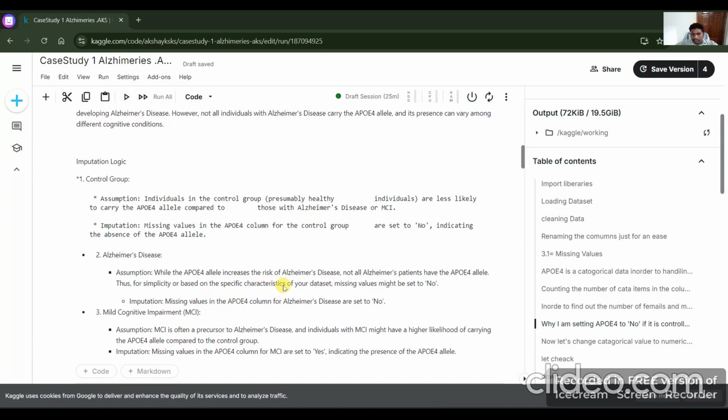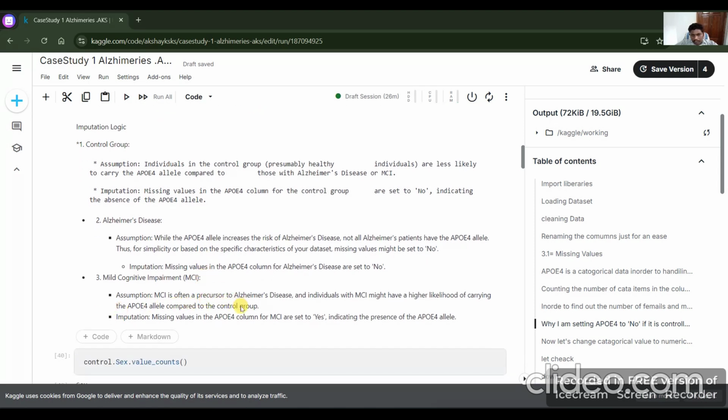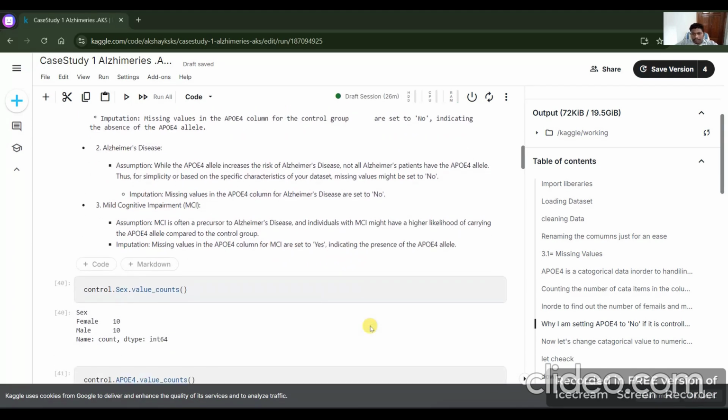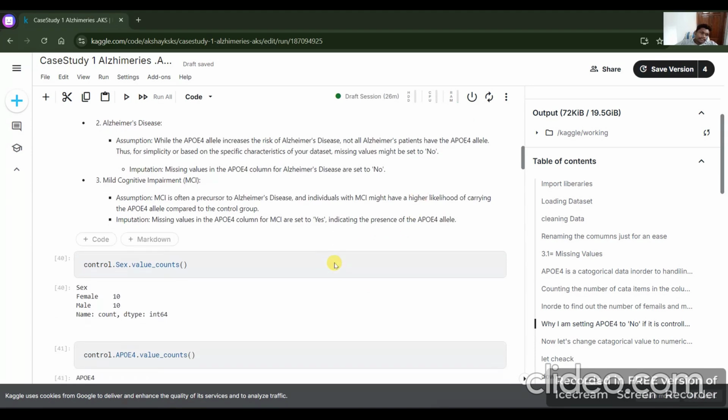Thus, for simplicity, based on specific characteristics of your dataset, missing values might be set to no. MCI assumption: MCI is a precursor to Alzheimer's disease, and individuals with MCI might have a higher likelihood of carrying APOE4 compared to the control group. Imputation: missing values in the APOE4 column for MCI are set to yes, indicating presence of the APOE4 allele.